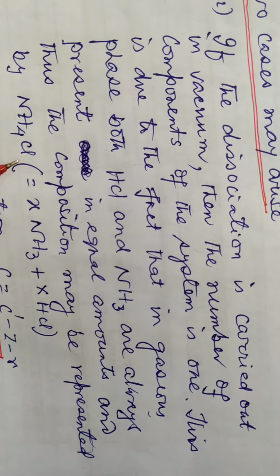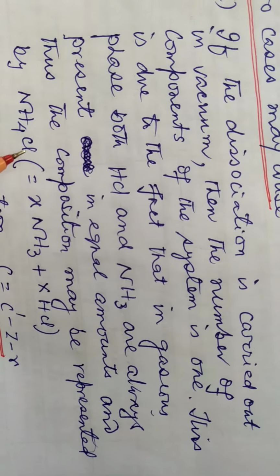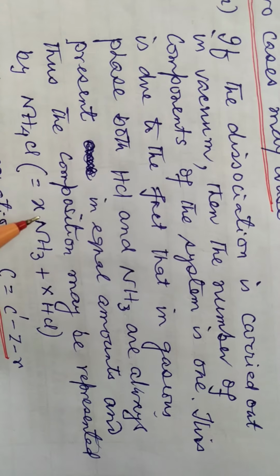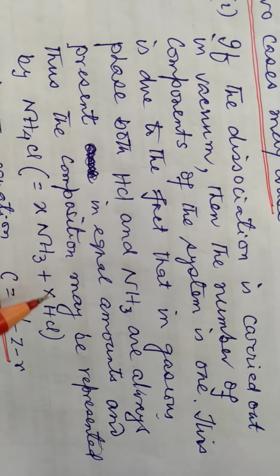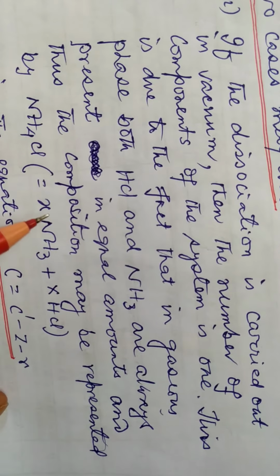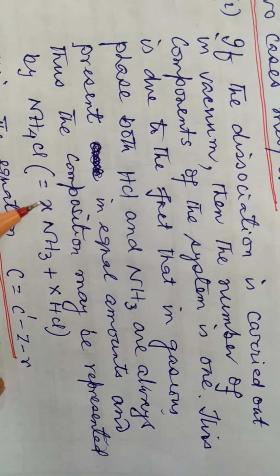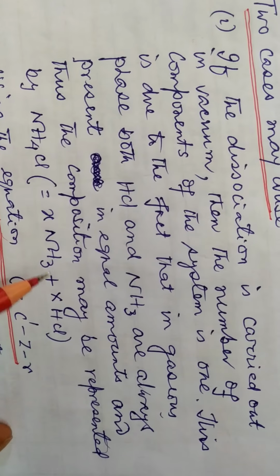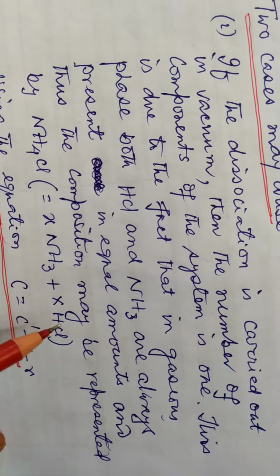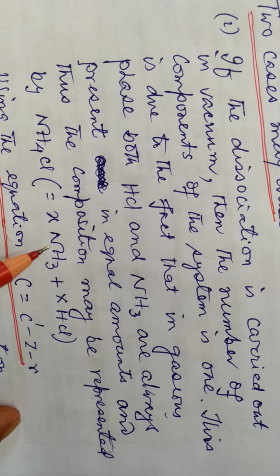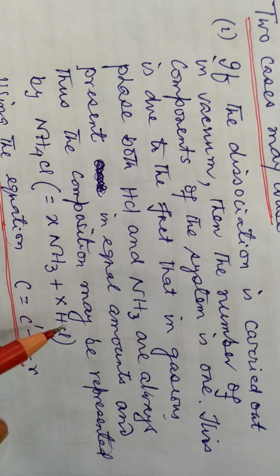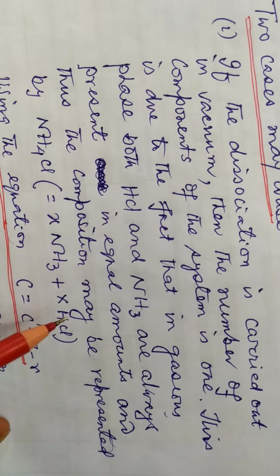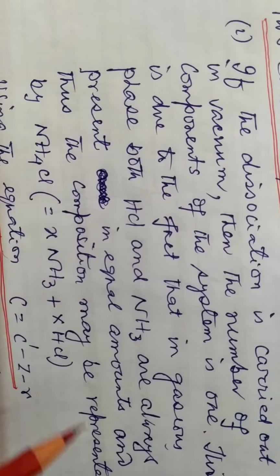The solid phase NH4Cl can be expressed as NH3 and HCl, and the gaseous phase as well can be expressed as NH3 and HCl. So two constituents are sufficient to express both the phases.